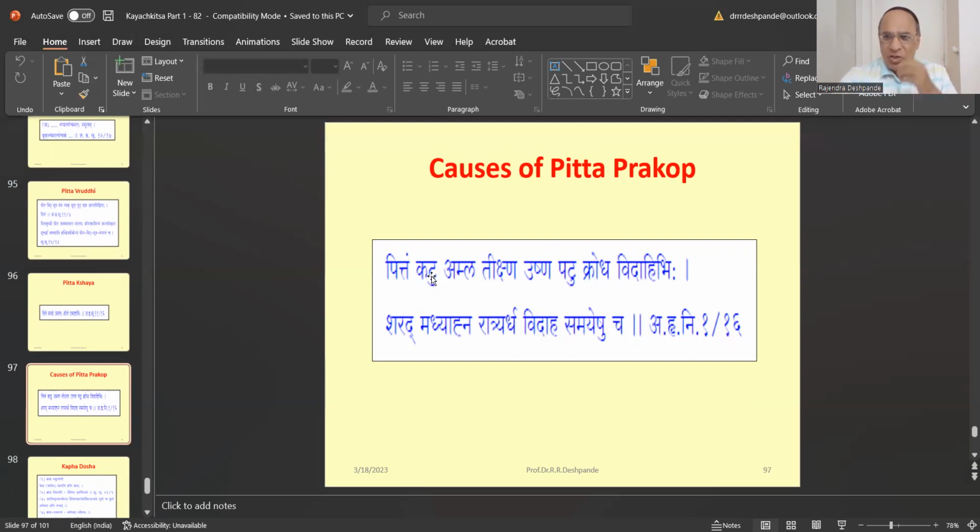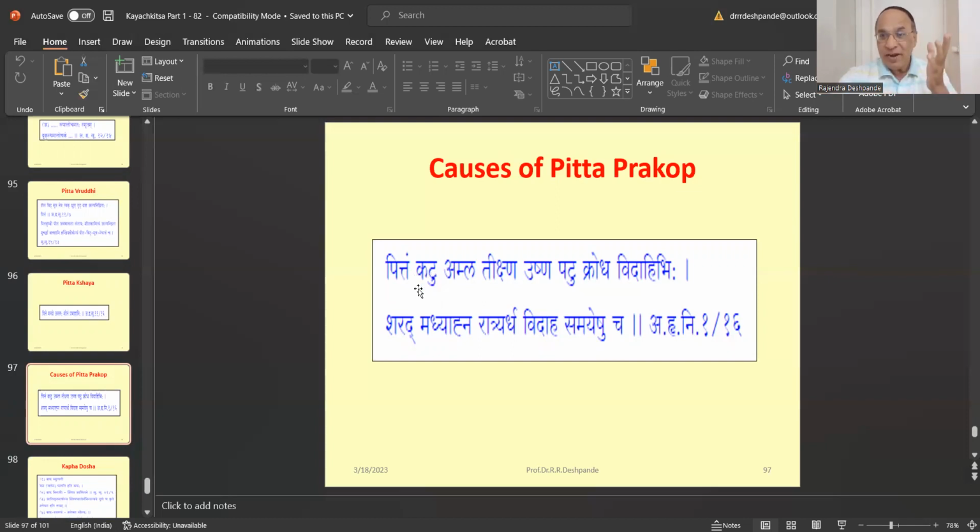Taking alcohol, smoking, staying up late at night, working near furnaces, working near chemical factories. So all this heat, in the month of Grishma Rutu, summer season, hot sun, temperature above 40 degrees centigrade, October heat, too much heat. All these factors will affect your Pitta dosha in the body.